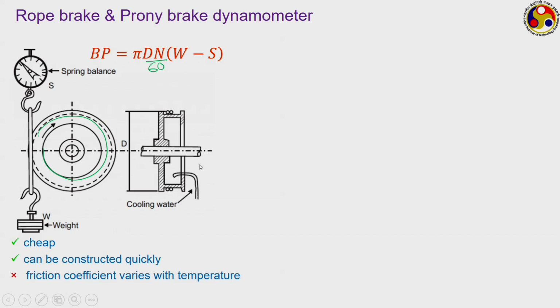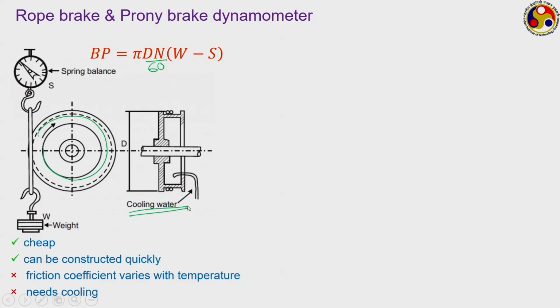But the problem is the friction coefficient. As the rope is absorbing, particularly when the capital N is large, that is the RPM is quite large, then a large amount of power needs to get dissipated in the form of friction. So, it can increase the temperature of the rope quite significantly, and therefore, we need to provide some kind of cooling option.